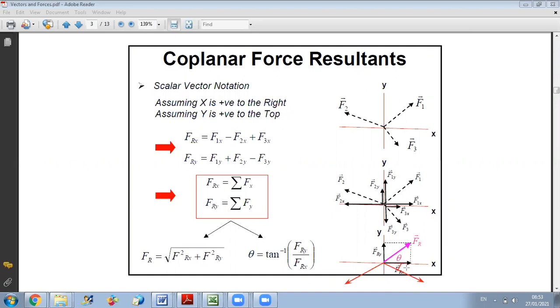So to calculate theta, you do tangent minus 1 of the absolute value. Because in this case, if you are here, for example, you will have fRy negative. Okay? So always to find the direction, specify the quadrant where you are, put on the figure the angle you want to find, and then take the tangent minus 1 of the absolute value of the ratio. Okay?